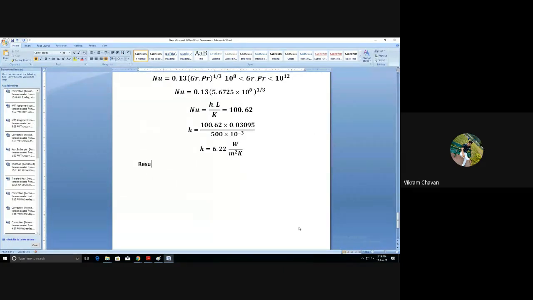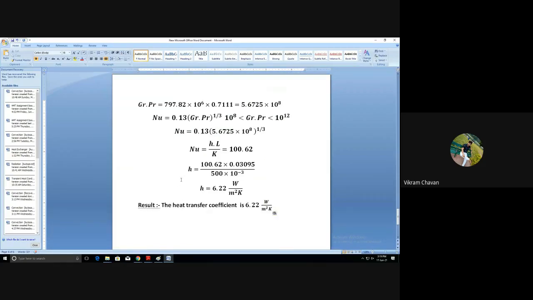Result: the heat transfer coefficient is 6.22 watt per meter square Kelvin. Is there any doubt, any question?